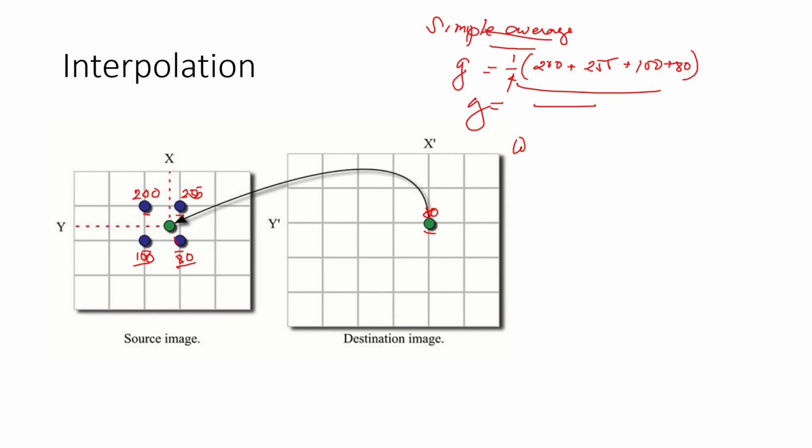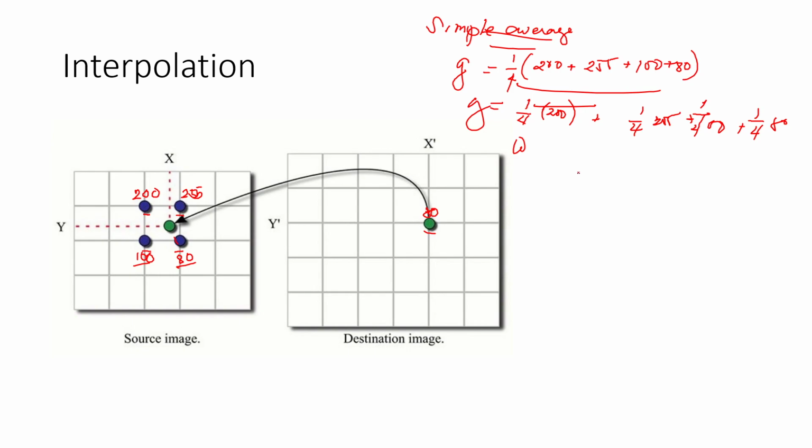The source location is capturing four different intensities from its four neighbors, but some of the neighbors are really near to this certain position or inverse location. If we apply equal weight, for example, we have 1 over 4 multiplied by 200, plus 1 over 4 multiplied by 255, plus 1 over 4 multiplied by 100, plus 1 over 4 multiplied by 80.